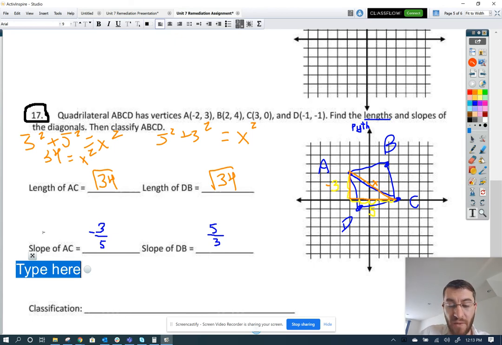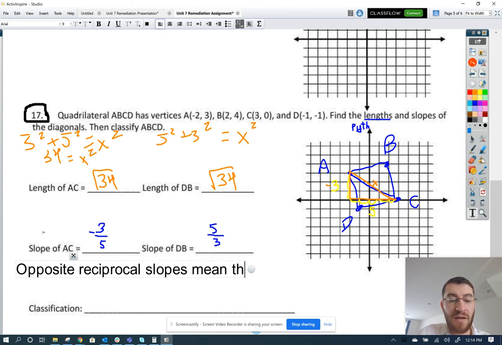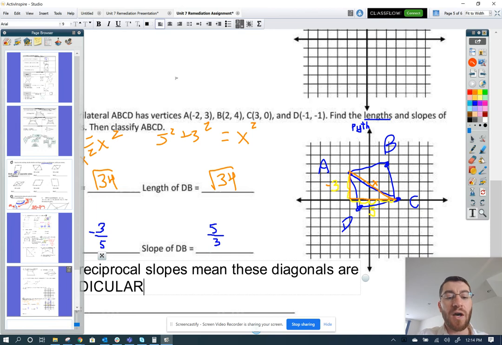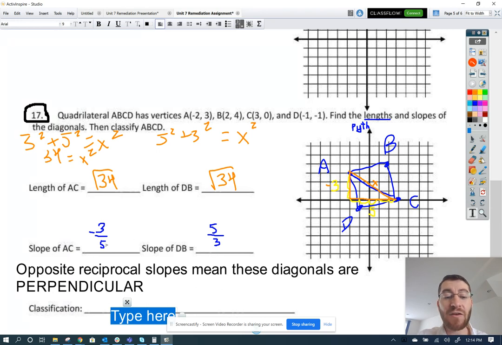So opposite reciprocal slopes mean these diagonals are perpendicular. All right, and because the two diagonals had equal lengths and opposite reciprocal slopes, the classification for the shape is proven to be a square, even though visually we sort of could tell that.